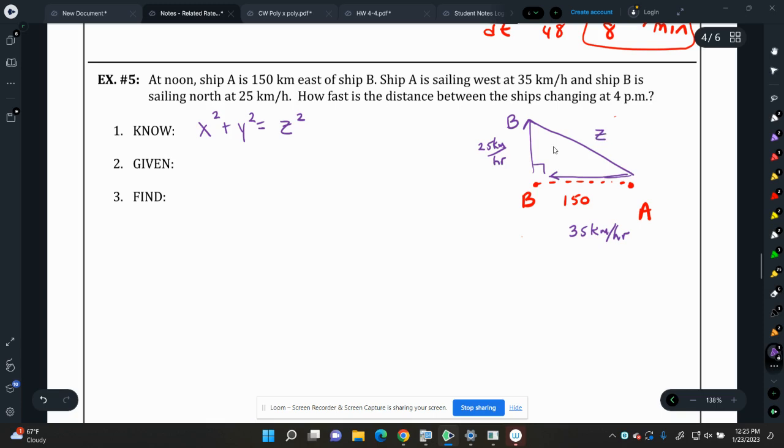Negative 1. The cone has a height of 9 centimeters and a diameter of 6 centimeters, which means its radius is what? 3 centimeters.